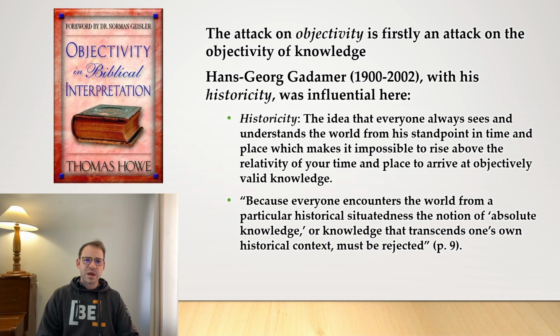And this links up again with what we've seen in previous quotes that I've given, and also previous ideas in this video, where it's just impossible to arrive at objectivity because we are situated. We have preconceived worldviews, presuppositions, and those things make it impossible for us to arrive at objectivity.